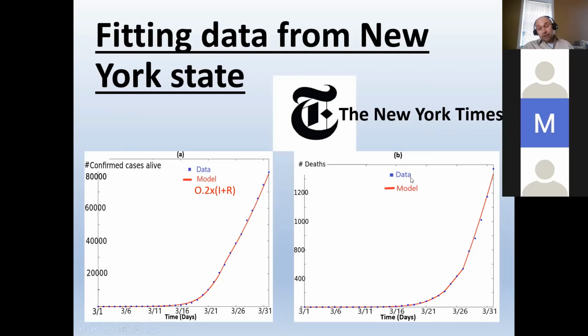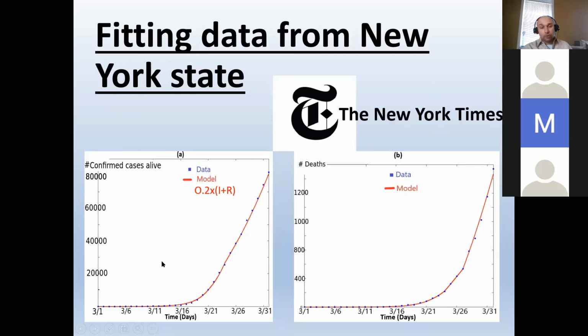And then this is also the data that we add. The most real data that we get is the dead people. When they're dead, they're dead. Of course, maybe there are some deaths related to COVID that were not taken into account, so it's not exact, but I think the data is quite good for deaths. And okay, we also tried to fit the deaths from the model with the real data.